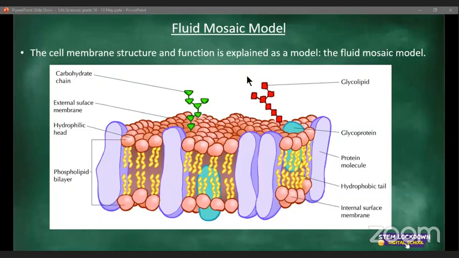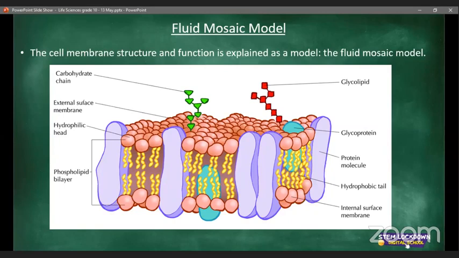So we said that the cell membrane performs several functions for the cell, and some of those are that it controls the movement of substances into and out of the cell. It provides the cell with mechanical support, and it is flexible, meaning that it allows cells to grow and move.